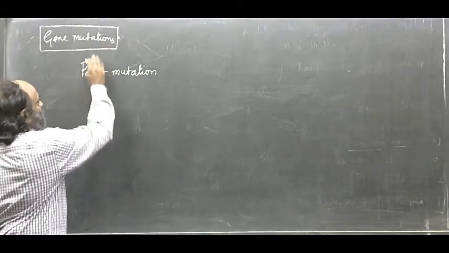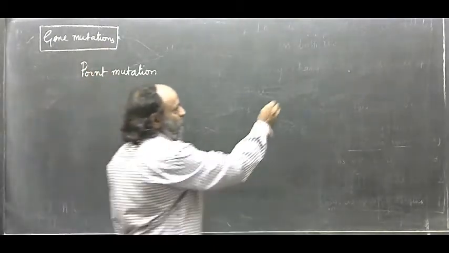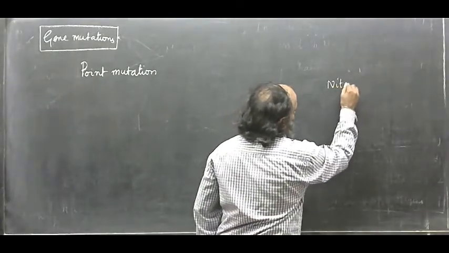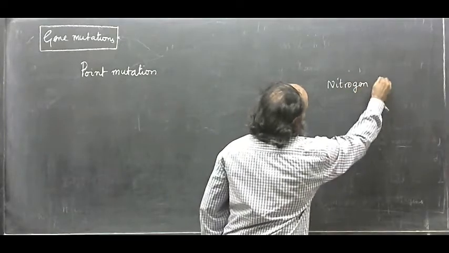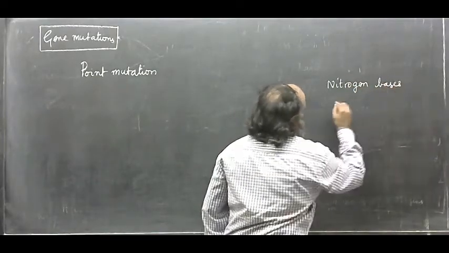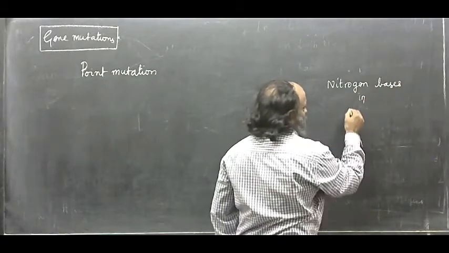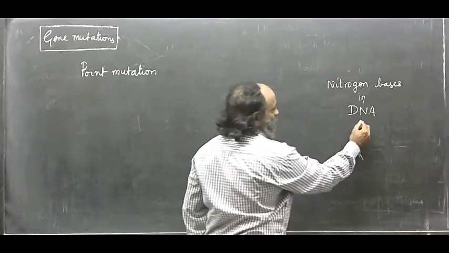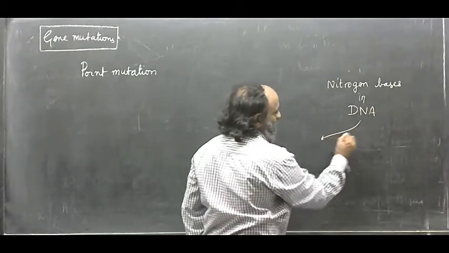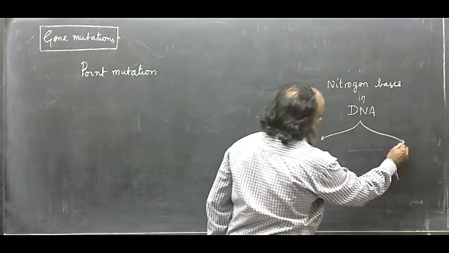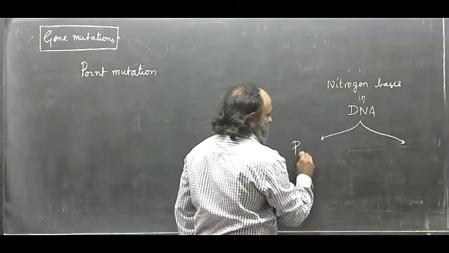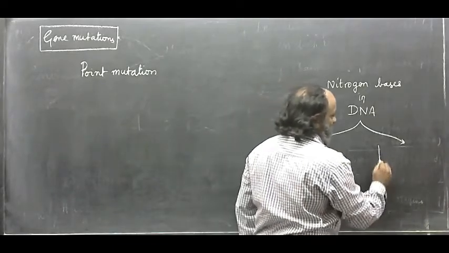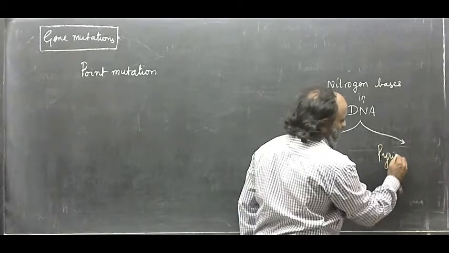So, for better understanding of gene mutation, let me revise what the nitrogenous bases are in the chief genetic material, DNA. The nitrogen bases in DNA are classified into two types: purine bases and pyrimidine bases.